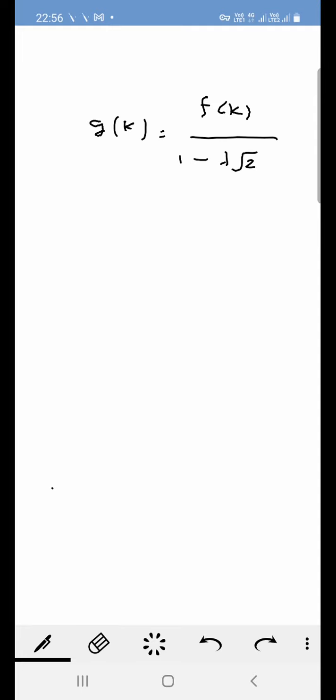So we get g(k) as equal to f(k) divided by 1 minus lambda root 2 pi K(k).